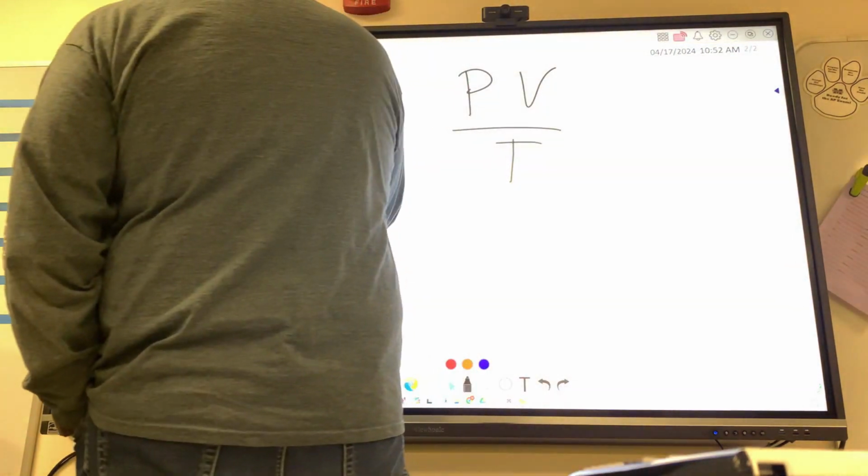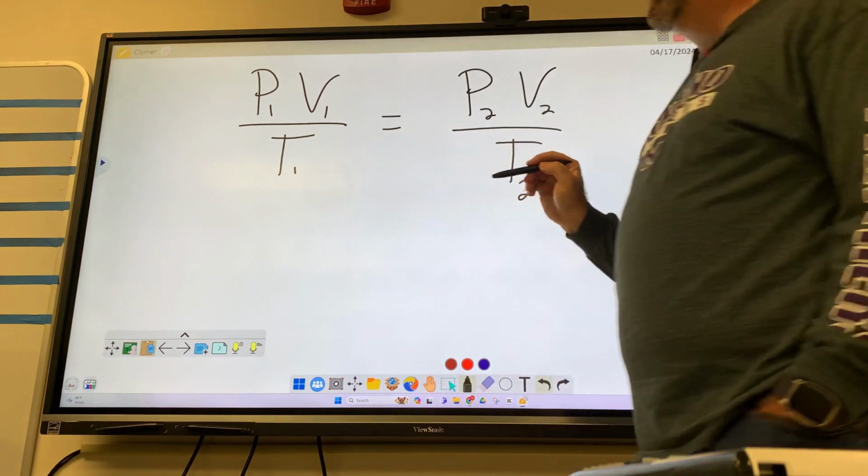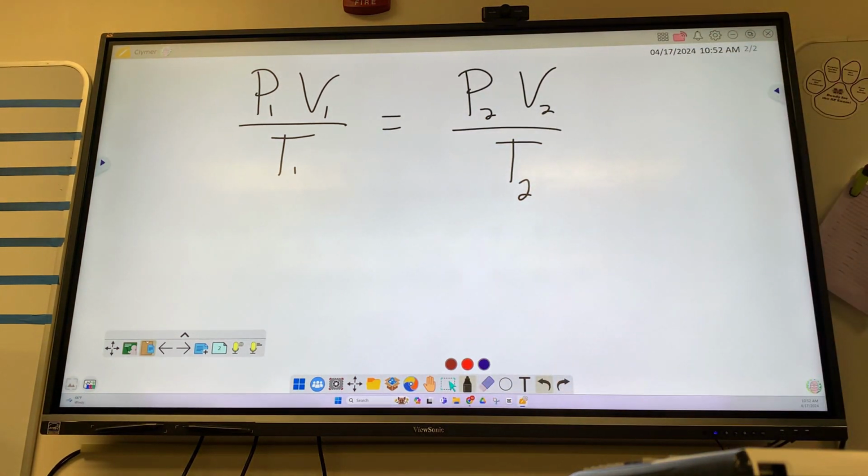So, what did we say was constant for Charles' law? What didn't change? What did we assume remained consistent for Charles' law to work? The amount. Temperature and volume. Density.